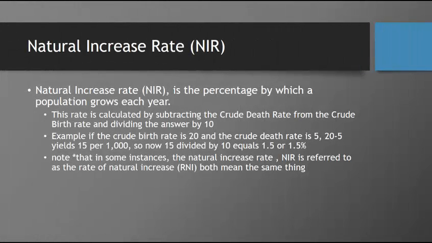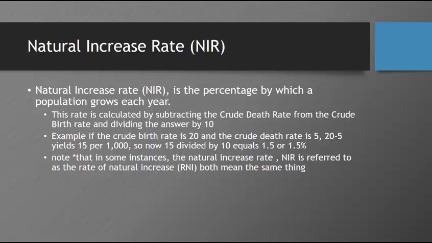Additionally, when studying demographic change, we look at the natural increase rate, or the NIR, which is the percentage by which a population grows each year. This rate can be calculated by subtracting the crude death rate from the crude birth rate and dividing the answer by 10.